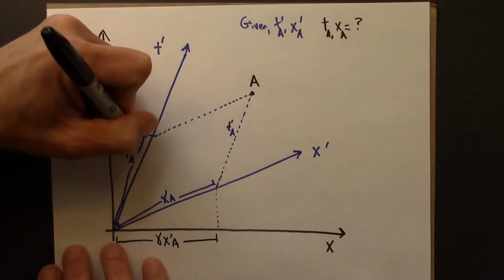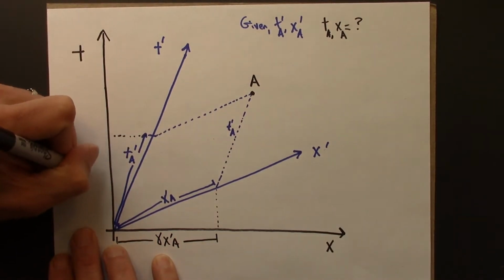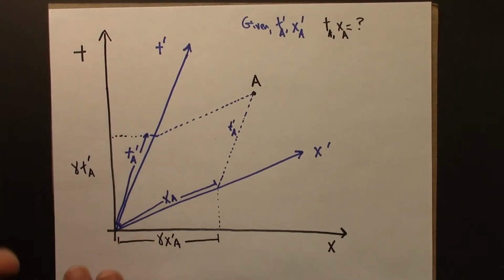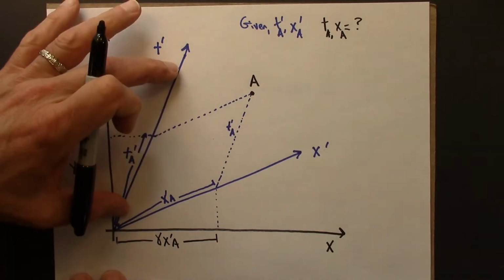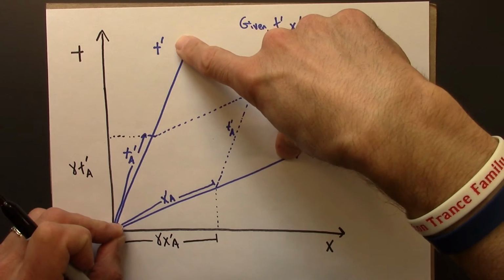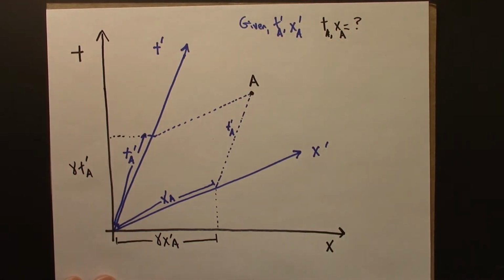Okay. And this is going to be gamma t prime A. Because the tricky thing here is that the units, the calibration for the blue axes, the moving reference frame, is not the same as for the black at rest frame.